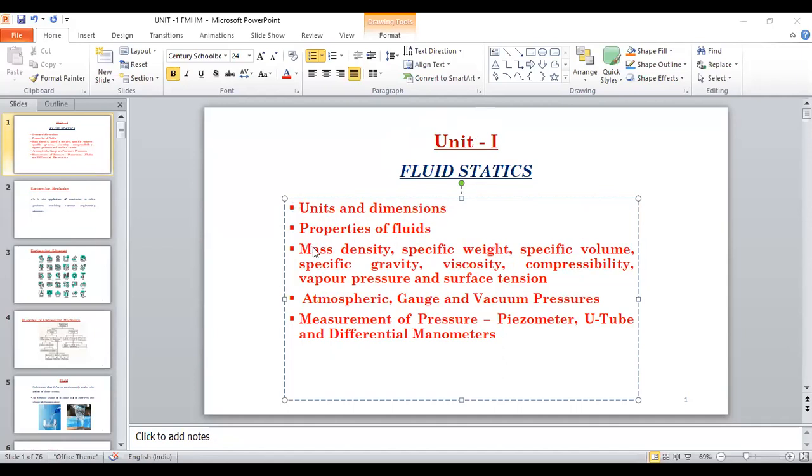These are all the properties which you are going to learn in the first unit for the different types of fluids. And what are the pressures of the fluids in different forms, nothing but atmospheric pressure, gauge pressure, vacuum pressure. Different pressures we are going to learn. And at the last, we are going to see the measurement of pressure by means of these 3 measurement instruments, nothing but piezometer, U-tube manometer, and differential manometer.